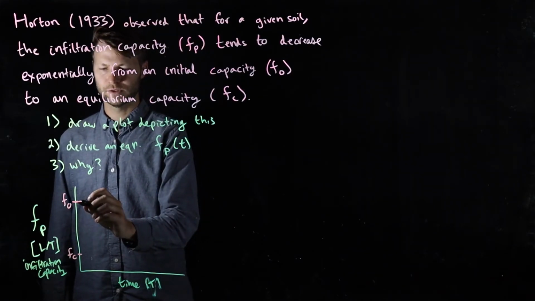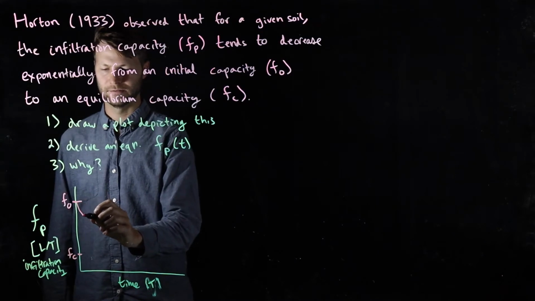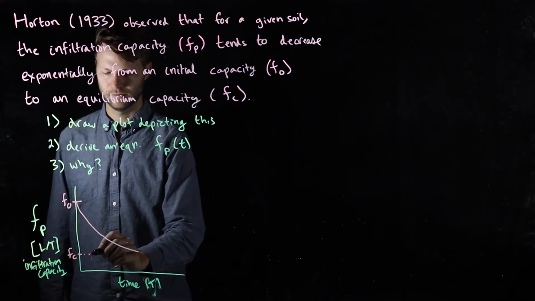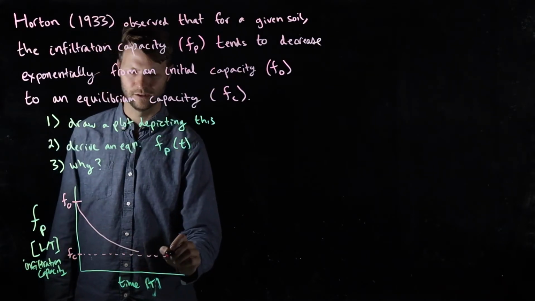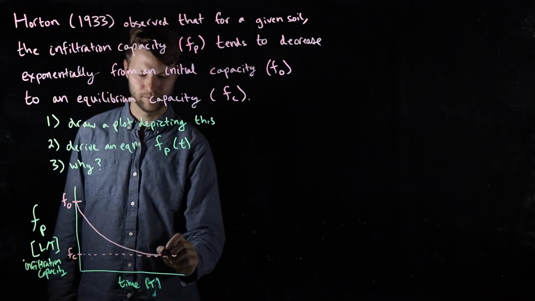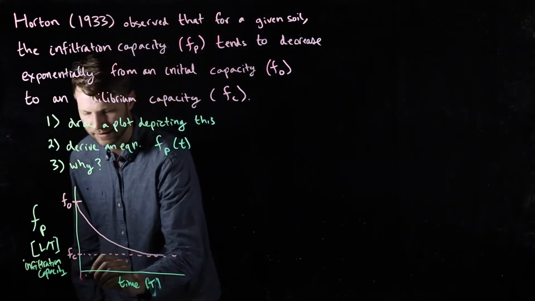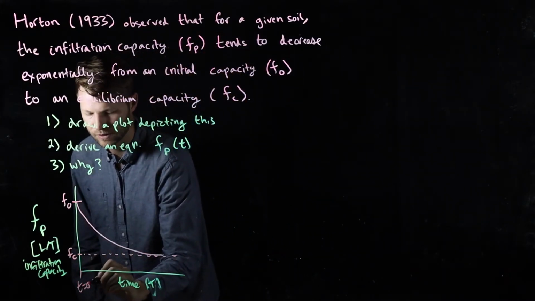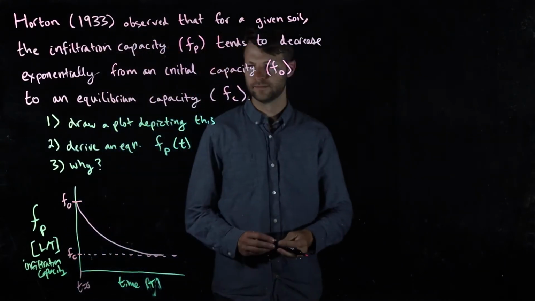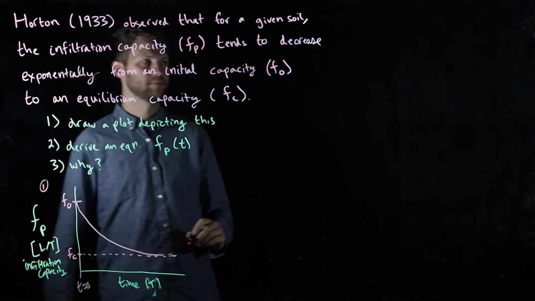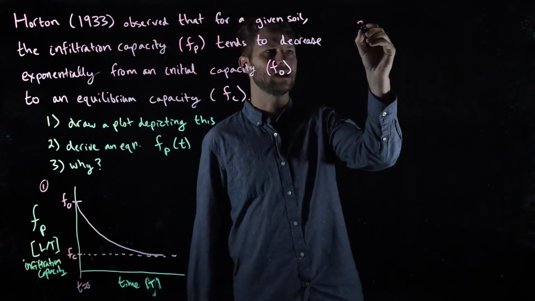It decreases most rapidly in the beginning, and then the rate of decrease tends to slow down. So if I were to just kind of project this horizontally over here, we would see something like this. So this is at time t equals 0. So this is part 1. Draw the plot.